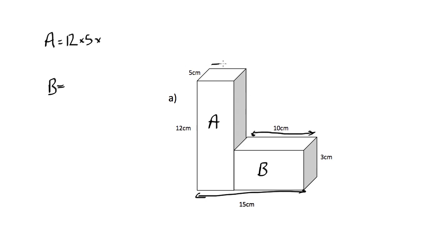This has to be the difference, so this has to be 5. From here to here, that's the 15. You could take this line down and it'll be the same length as here. So this is 5. So what you have, 12 times 5 is 60, 60 times 5 is 300 cubic centimetres.